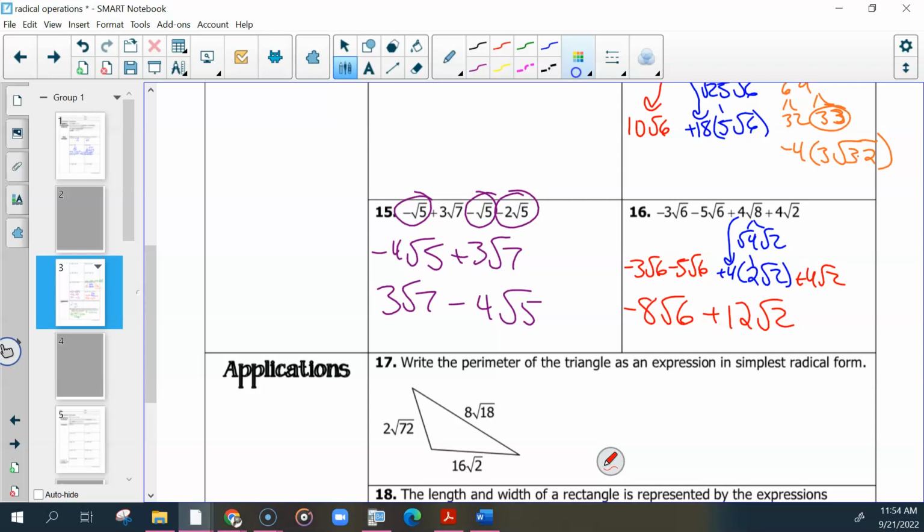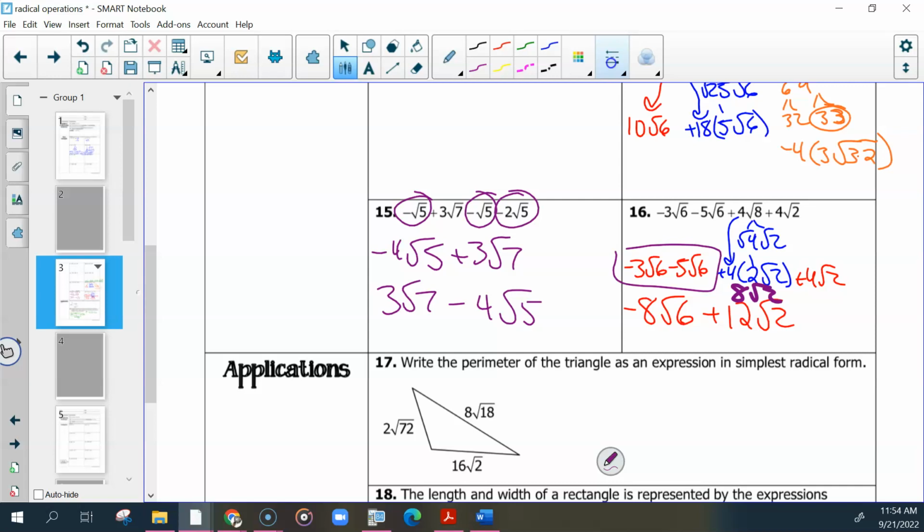Mm-hmm. So we multiply the 4 and the 2 together to get 8. And then the like terms you see would be these two. Combine them. -3 minus 5 will give us the -8. We just put the -6, square root of 6. And then the 8 plus the 4 we get the 12. Other questions on that one?